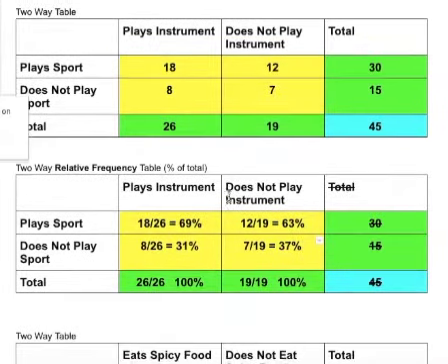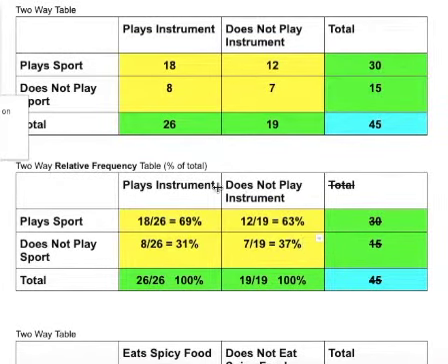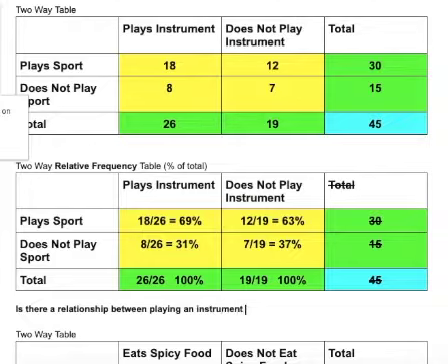So now we have our percents. Here we notice that of all the kids who play an instrument, 69% of them play a sport. And of all the kids who don't play an instrument, 63% of them play a sport. So I could ask, is there a relationship between playing an instrument and playing a sport?